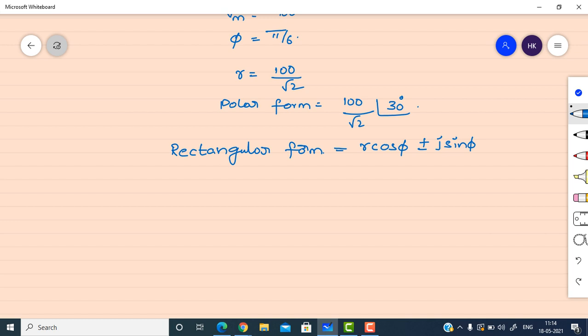So from the polar form, the r value is 100 by root 2, cos of phi, which is 30 degrees, plus j times 100 by root 2, sin of phi, again sin 30 degrees.